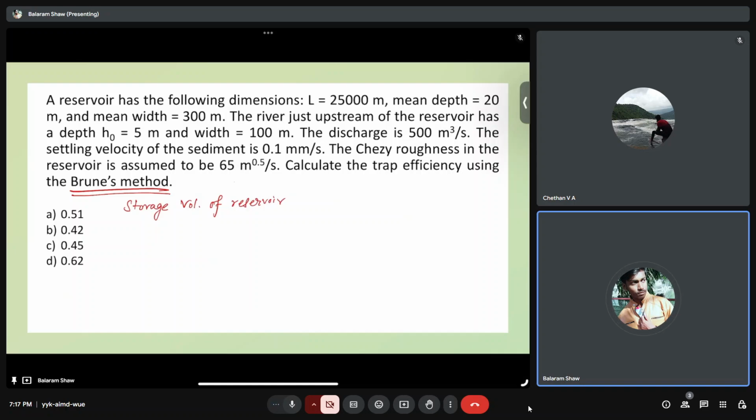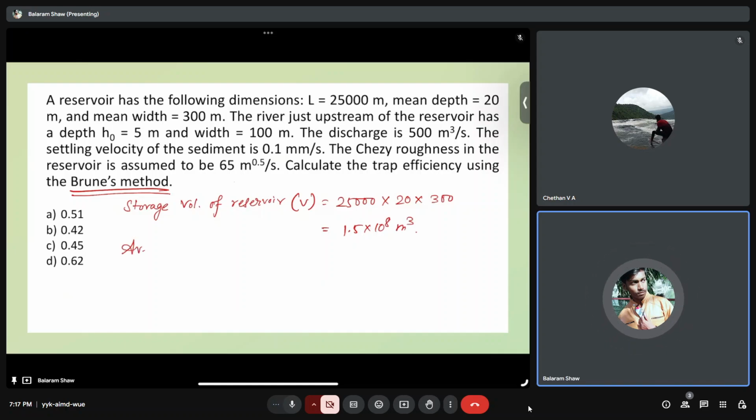So that is 25,000 into mean depth is 20 into 300. So the capacity we consider here as the storage volume of the reservoir. So how much were we getting? 1.5 into 10 to the power 8 meter cube, right?